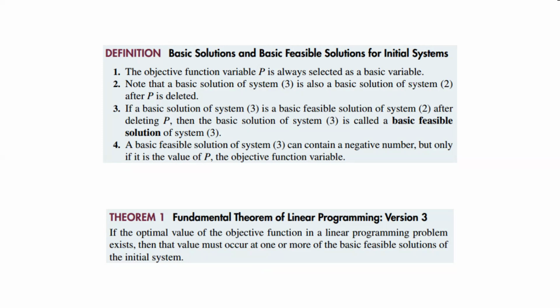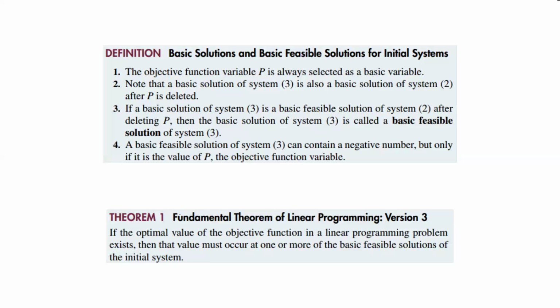Now, if a basic solution of system 3 is a basic feasible solution of system 2 after deleting p, then the basic solution of system 3 is called a basic feasible solution of system 3. Now, a basic feasible solution of system 3 can contain a negative number, but only if it is the value of p, the objective function variable. So that's kind of a key there.